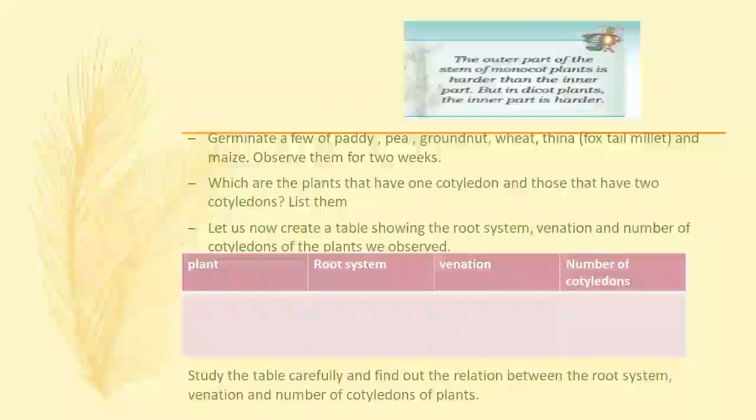Let us now create a table showing the root system, venation and number of cotyledons of the plants we observed: plant, root system, venation, number of cotyledons. Study the table carefully and find out the relation between the root system, venation and number of cotyledons of plants.